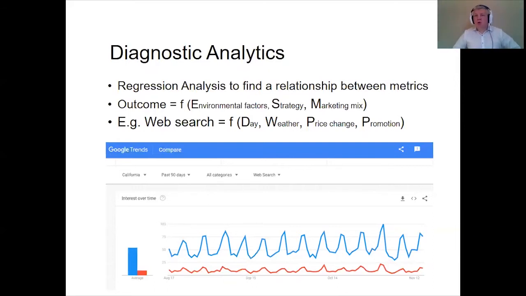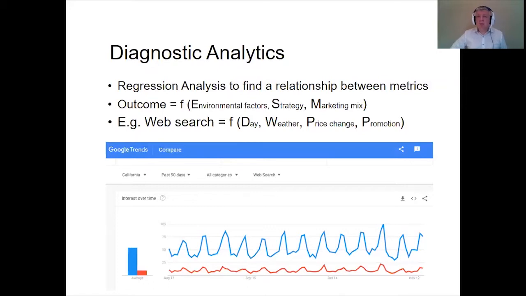For example, if we analyze web search, how often people search for our pizzeria, we run requests on Google Trends right here, and we see that this number of requests is jumping up and down in a pretty regular manner.